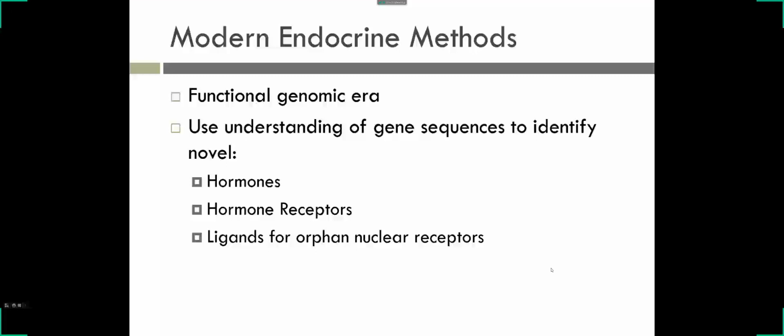So for example, we can look at the human genome and say, all right, what is a similar gene to growth hormone? What is a similar structure to adrenergic receptors? And this way we can start to identify new hormones or new receptors that could be of relevance or of something interesting.